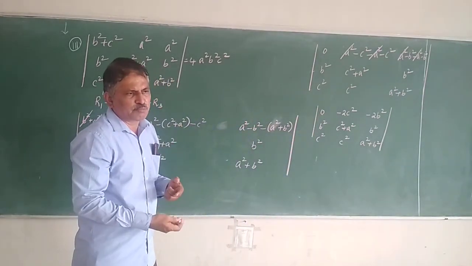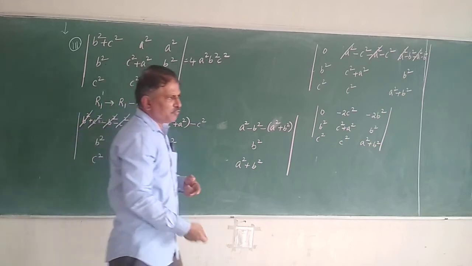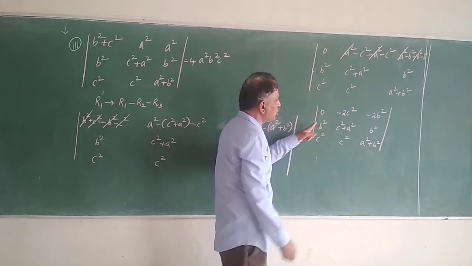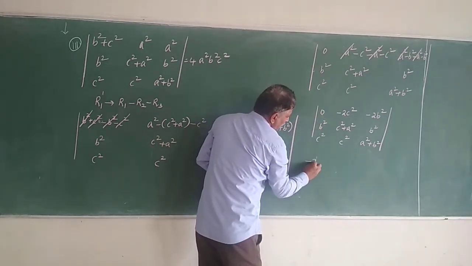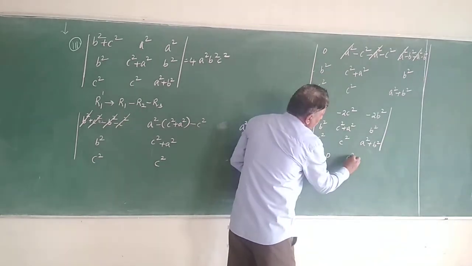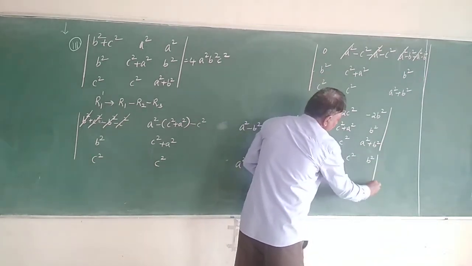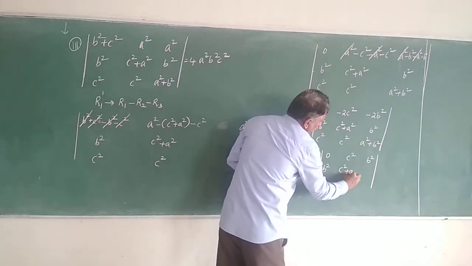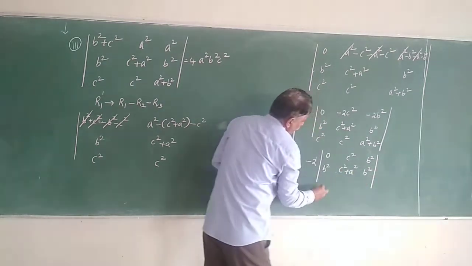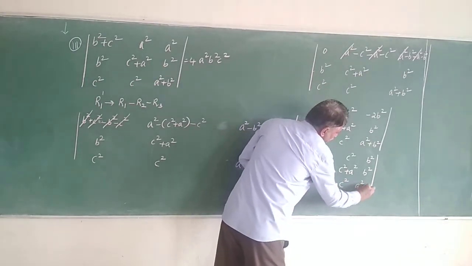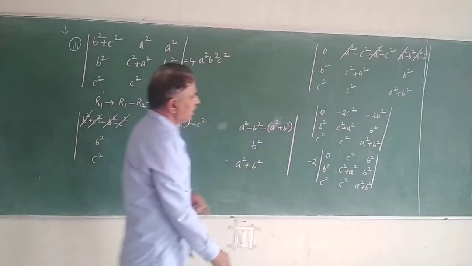For the convenience, 0 can be written as minus 2 into 0. So that means I will take minus 2 common. When I take minus 2 common, this is 0, C square, B square. Next, B square, C square plus A square, B square. C square, A square plus B square. Right, up to this.